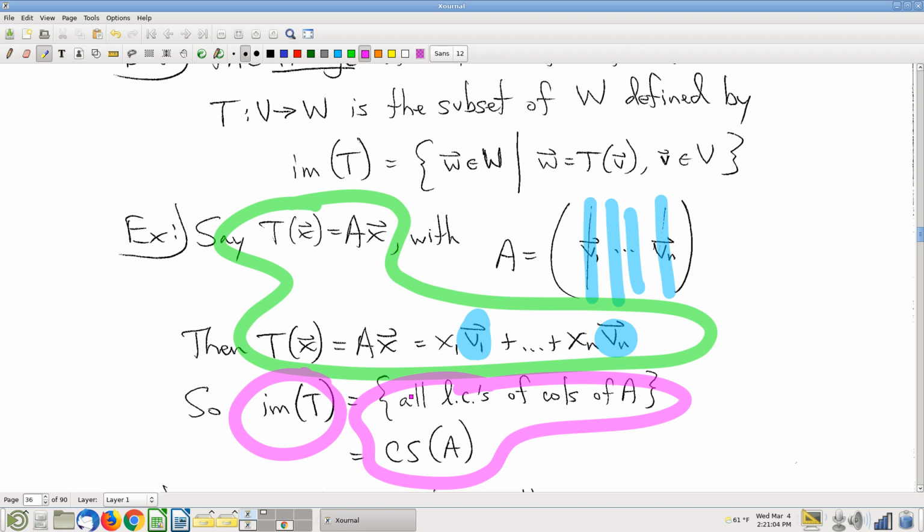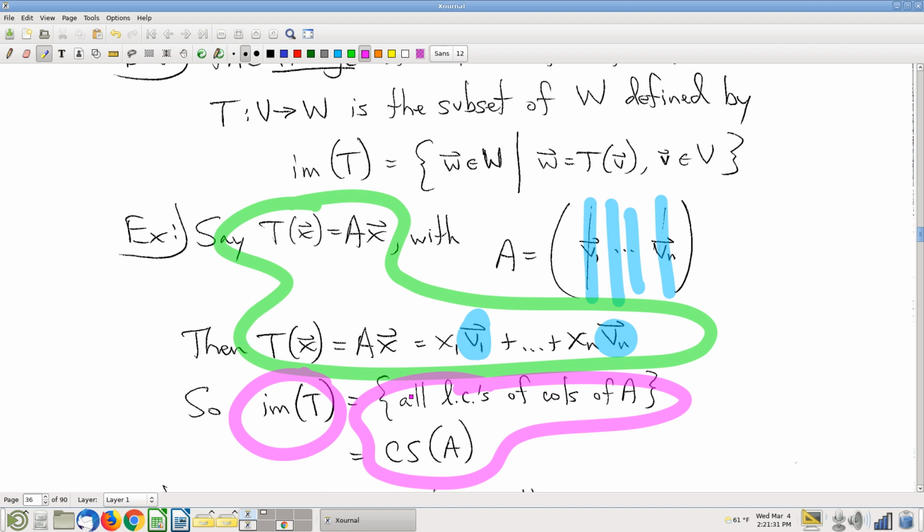Now, I think this is an interesting thing to bring up at this point. When we studied the column space, we talked about how to find a basis for it, and we talked about properties that it has, and how it relates to relations, and there was a bunch of stuff to say, but what we never really quite got around to saying was, why do we care about this thing? Who cares about the column space? What is it? Is it natural, or is this just a made-up thing? Well, it's very natural, as it turns out.